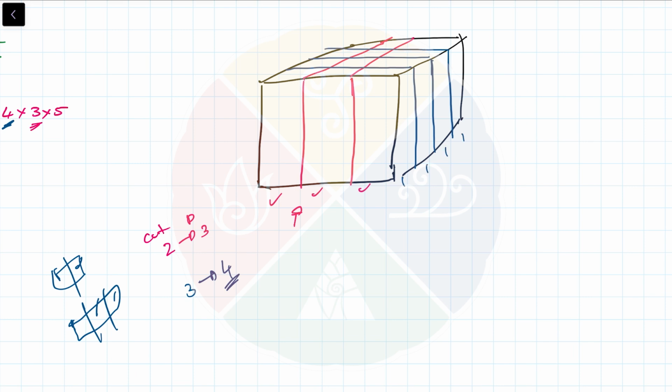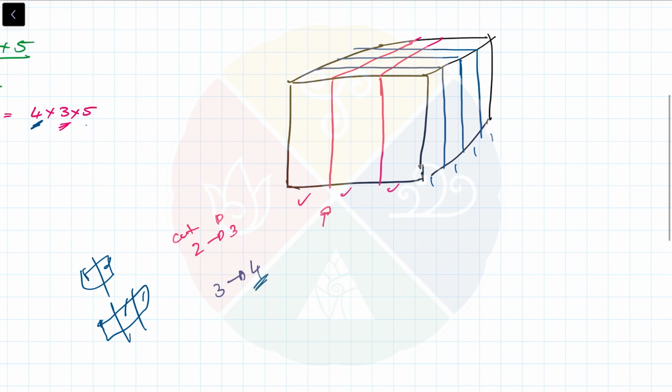So 1, 2, 3, 4 pieces from here. And 5 pieces I need from this side. For 5 pieces I only need to cut 4 times. How will I cut equally? 1, 2, 3, 4, 5. Yes, 4 cuts.